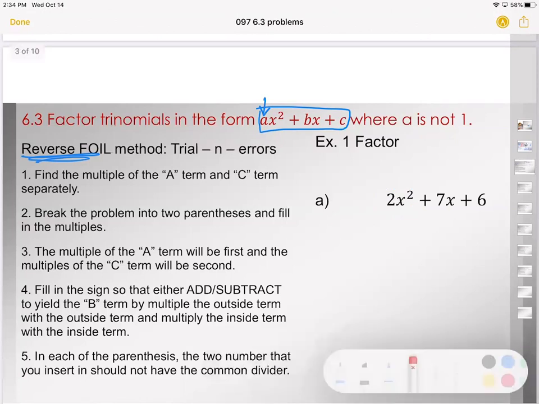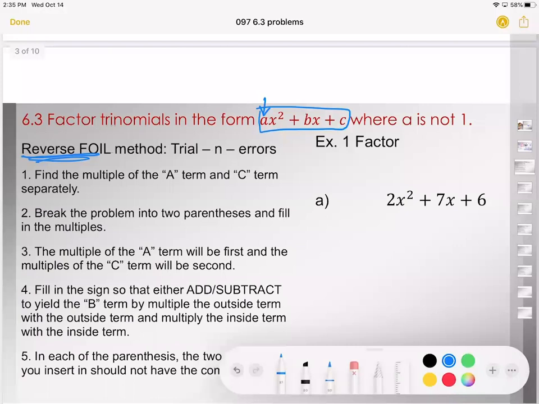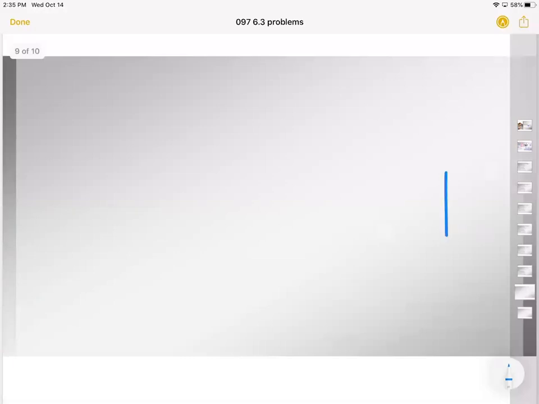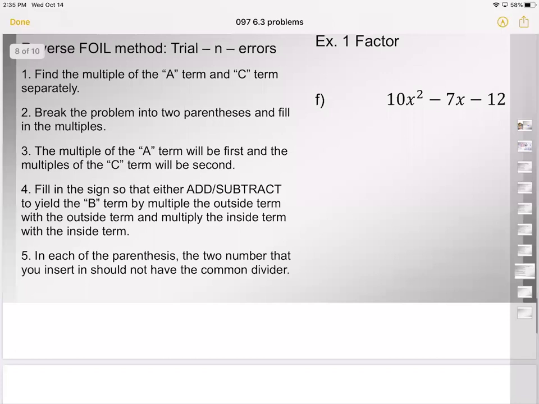First of all, whenever they ask you to factor, we know that we have to have 2 parentheses.